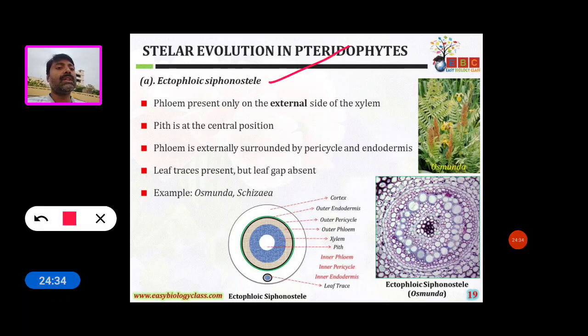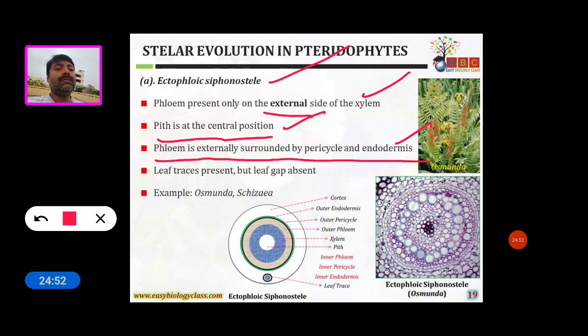The phloem is present only on the external side of the xylem, so it is called ectophloic siphonostele. The pith is at the central position, and the phloem is externally surrounded by the pericycle and endodermis. Leaf traces are present but leaf gaps are absent.